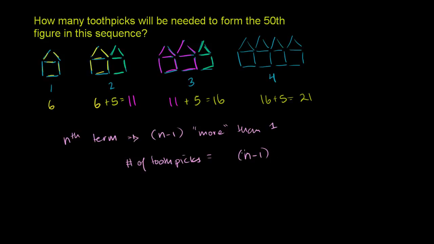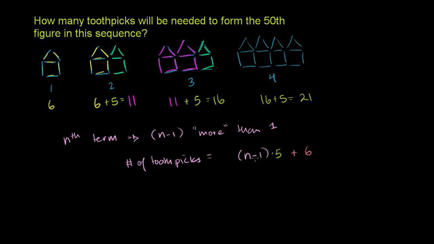That's how much you're going to add above and beyond the toothpicks in just the first one house, which we already counted, plus 6. So that's one way to think about it.